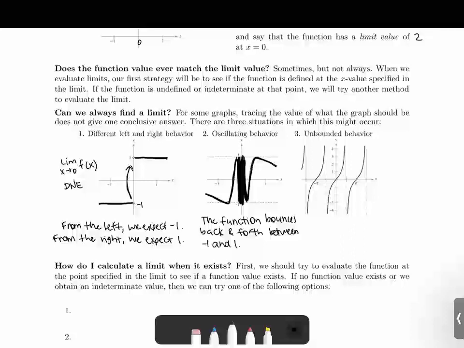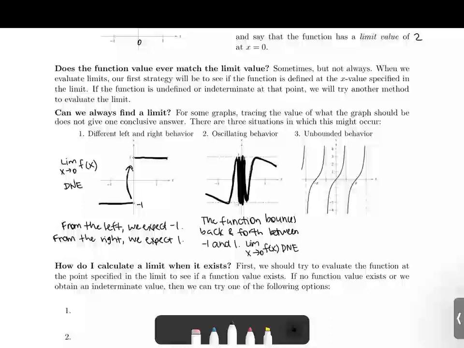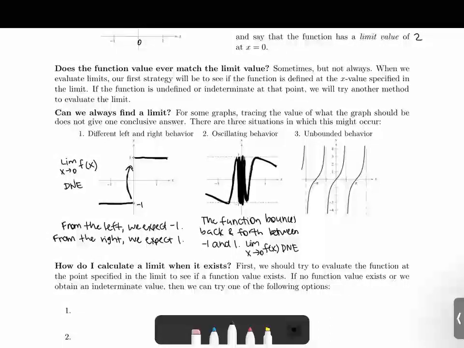And so we're going to say that same thing here, that the limit as x goes to 0 of f of x does not exist, because it's going to bounce back and forth. Just like case 1, it's going to flip back and forth between 1 and -1, and there's no good reason to pick one or the other for the limit value, so we're just going to say it does not exist.